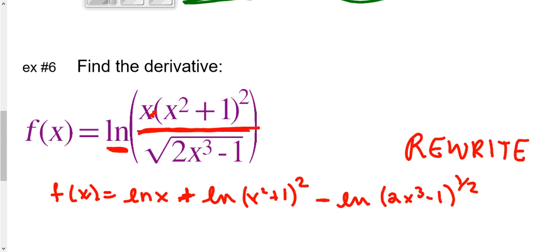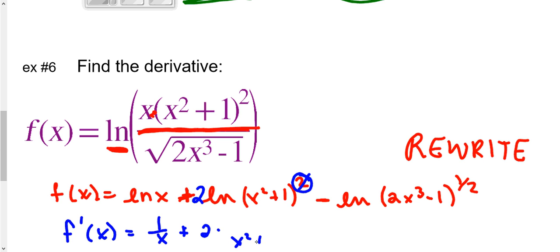So when we take the derivative, this will become f prime of x. Derivative of ln of x is 1 over x. Plus derivative, remember we would move this 2 to the front, so this would just be 2 times the derivative, which will have x squared plus 1 over 2x. Move this 1/2 to the front, so when we take our derivative, it'll just be minus 1/2.